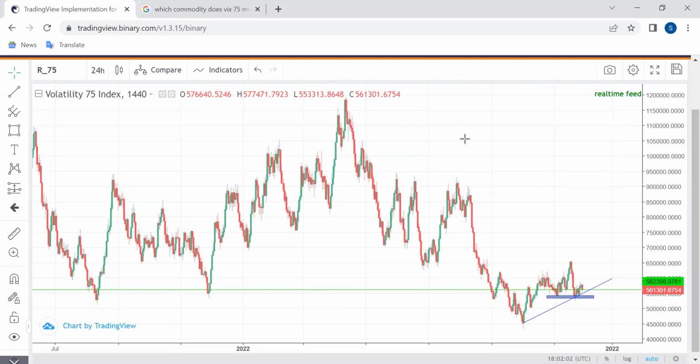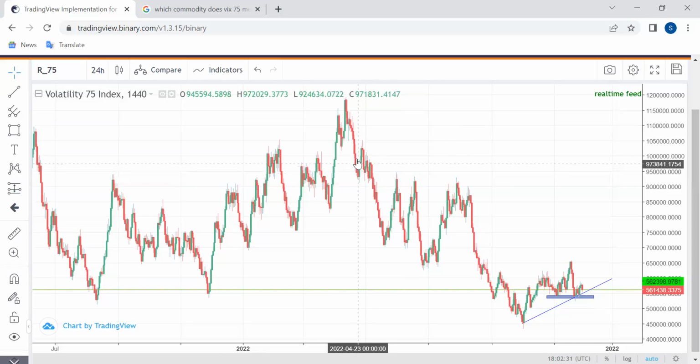This volatility 75 index was created to measure the volatility in those stock market indices. This includes NASDAQ, US 30, US 500, all those Apple, Tesla, Walmart, all those great companies in the US. It was created to measure that.